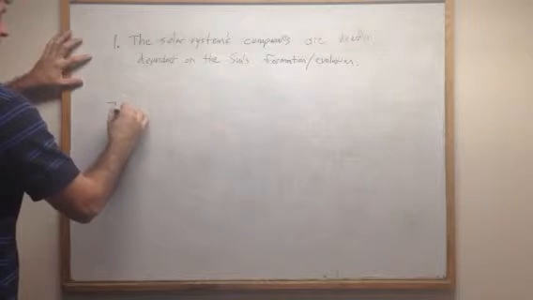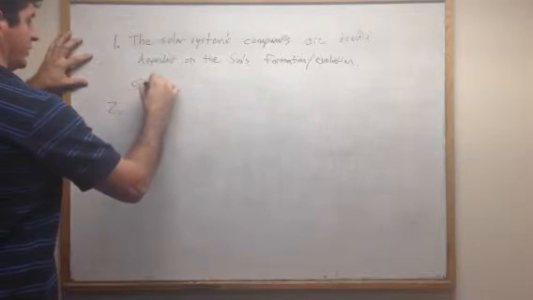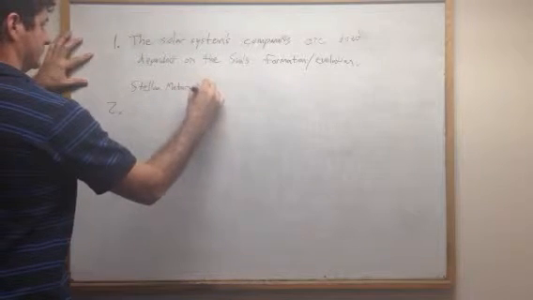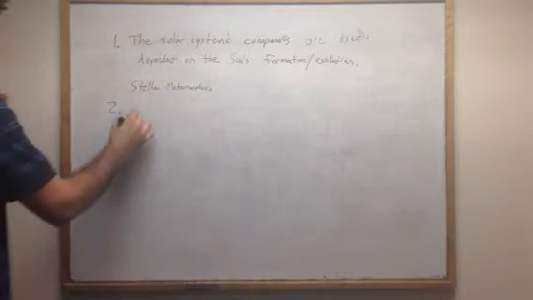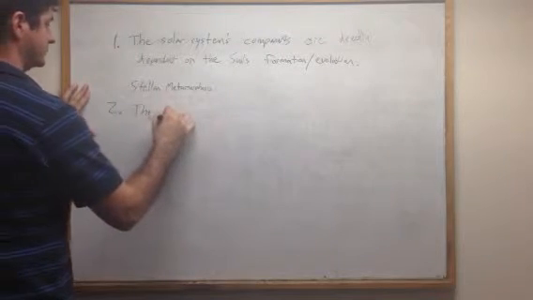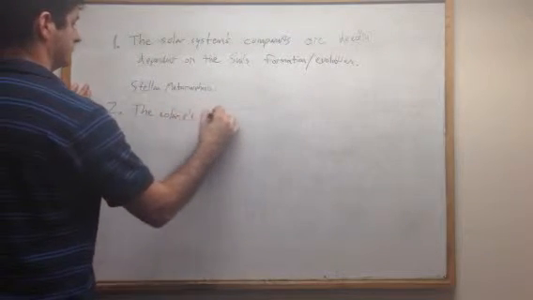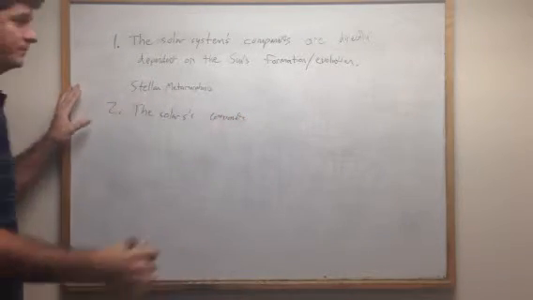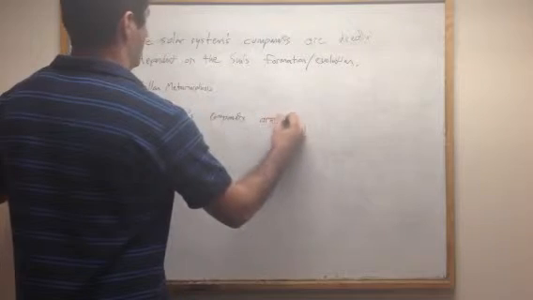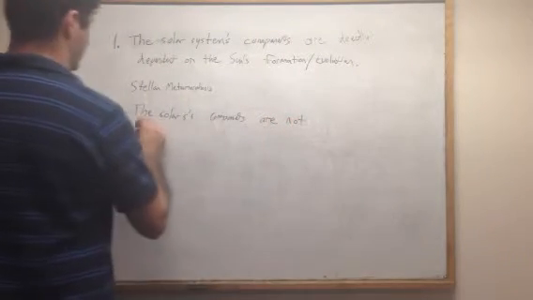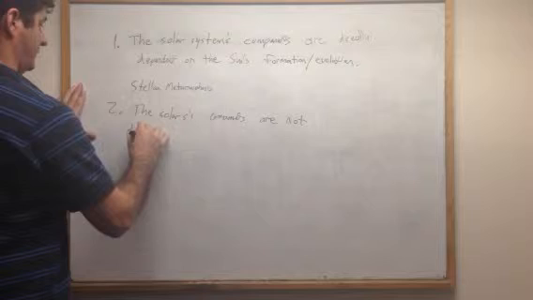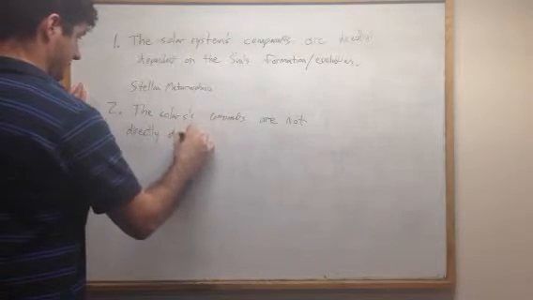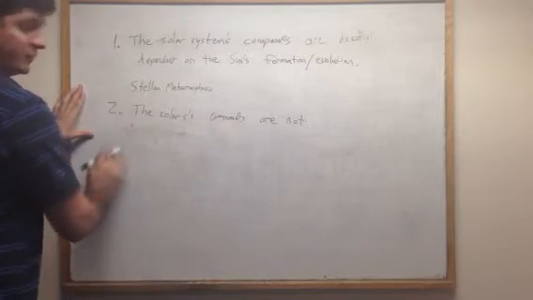The second philosophy, which is stellar metamorphosis, is that the solar system's components, the objects inside of the solar system, are not directly, actually, let's put it like this.